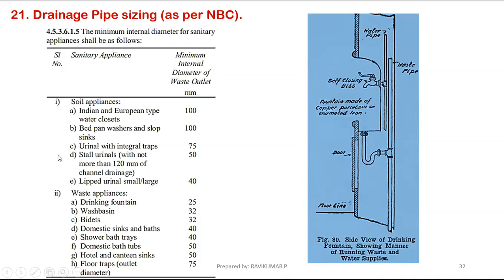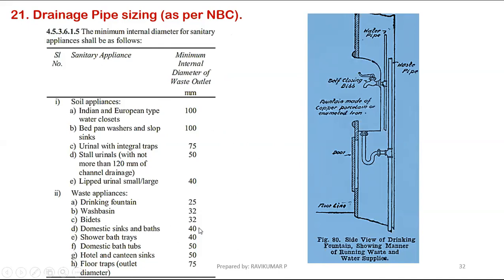They have provided the minimum internal diameter for the sanitary fixtures' outlets. This may vary. Some sizes may vary as per market availability. This is the standard size they have provided.